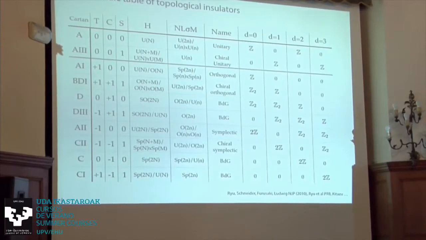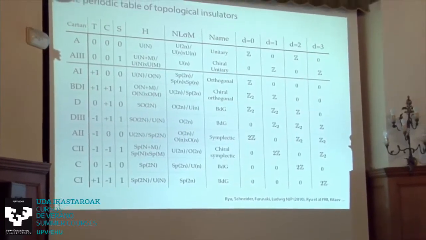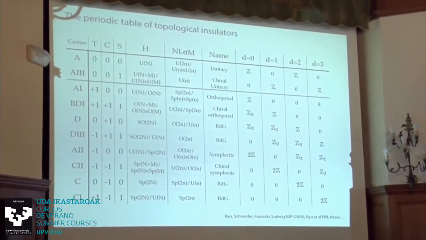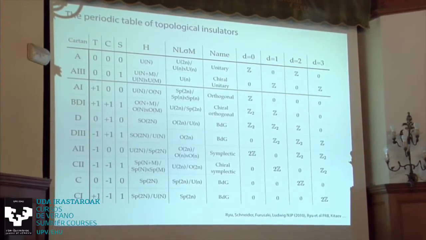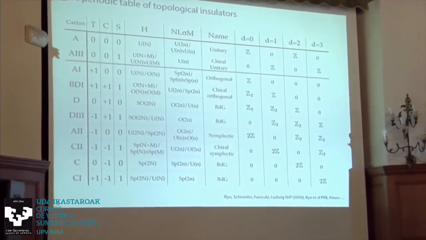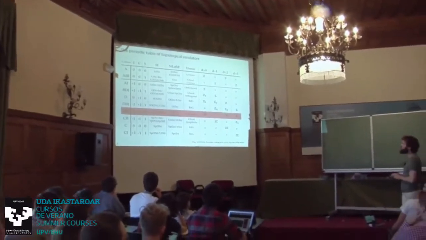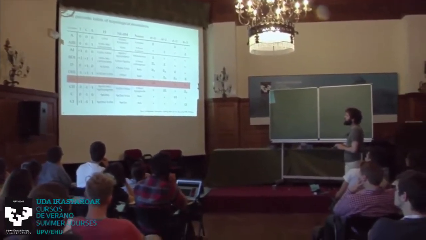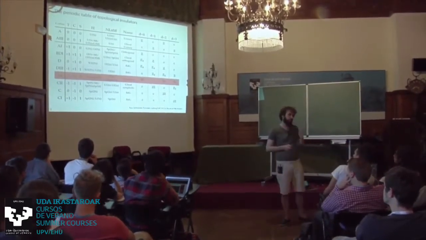And the S, this is just what Alex already discussed. And then you have these classes here, which are either integers or Z2 numbers, which characterize the different insulators. In my talk now, I'm going to mainly focus on this class AII, which is characterized by having time reversal symmetry that squares to -1, and no other symmetries.